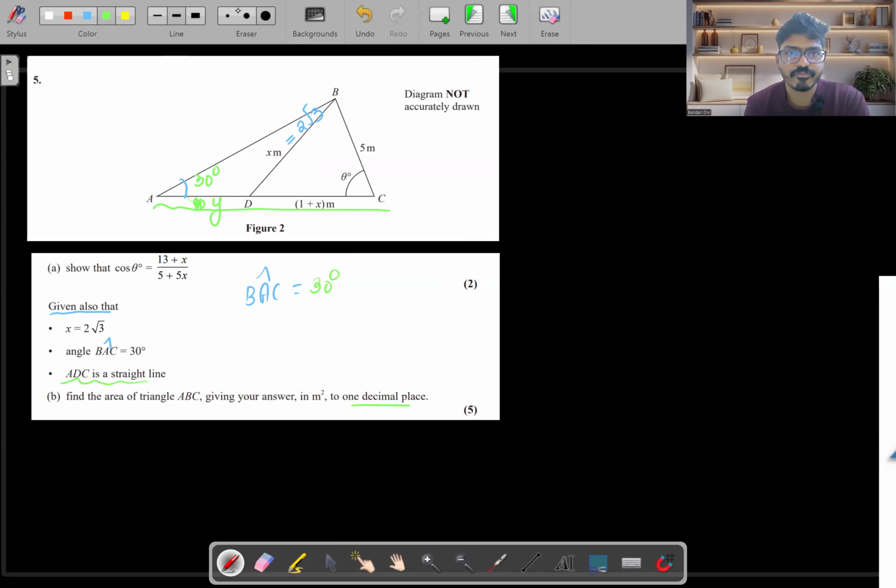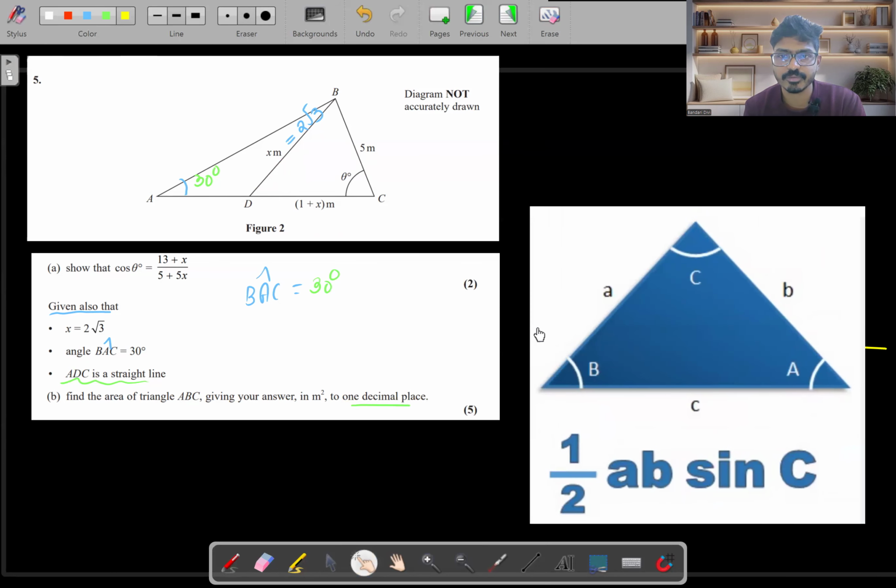Now if we look at this question, we have to find the area of triangle ABC. Let's take the triangle here, ABC.